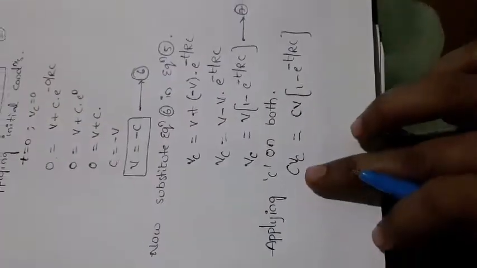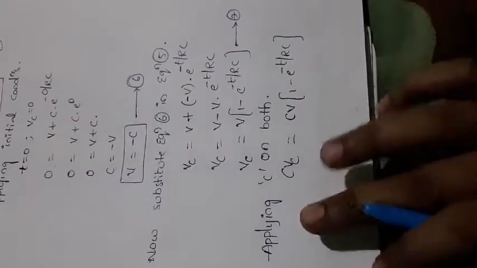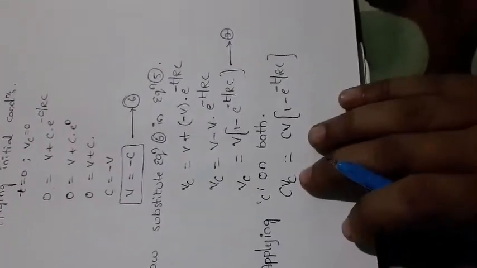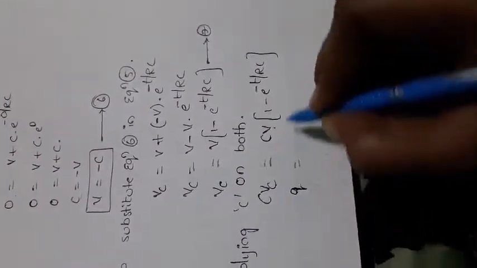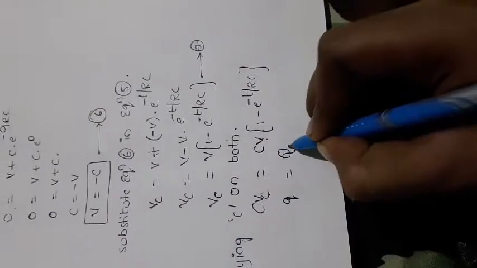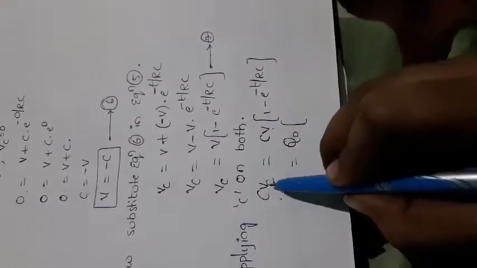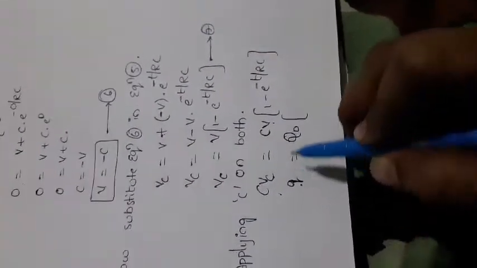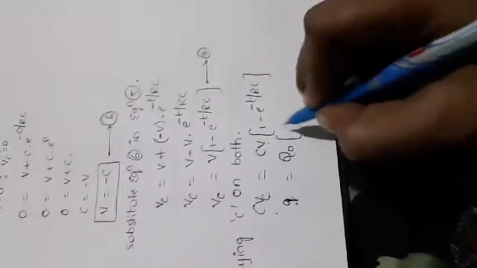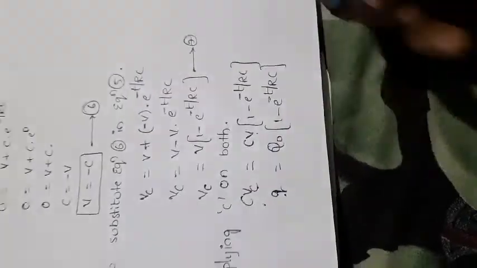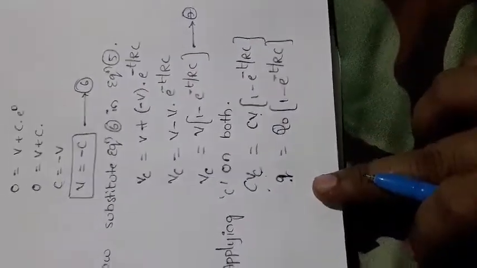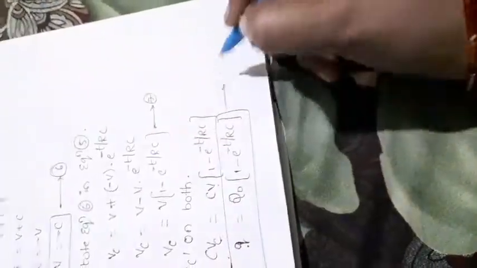Here we already know the CVC value is nothing but, we'll take it as small q, and CV, that is the capacitance times voltage, we can consider as capital Q naught. Okay, CVC with respect to the capacitor is nothing but small q, that is the charge, and Q naught is nothing but CV. Okay, so Q is equals to Q naught into 1 minus e power minus t by RC. This is our major equation for this transient response of the RC circuit.